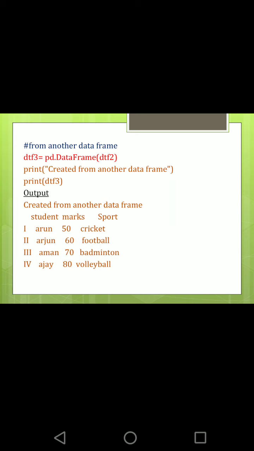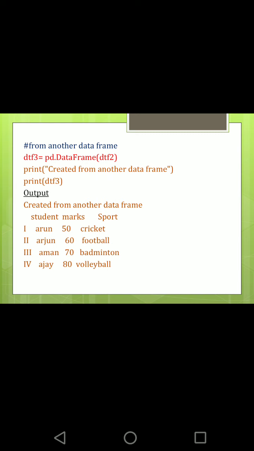Another option for creating the data frame is from an existing data frame. See, DTF3 is the new data frame and DTF2 is already existing because we already created the data frame known as DTF2. So DTF3 is equal to pd.DataFrame within brackets DTF2. DataFrame is the function for creation of the data frame.